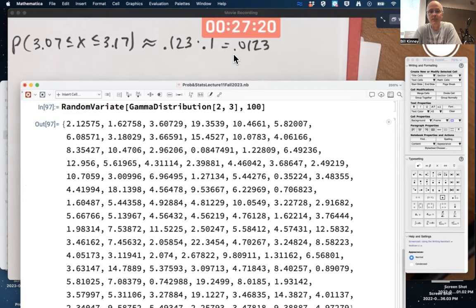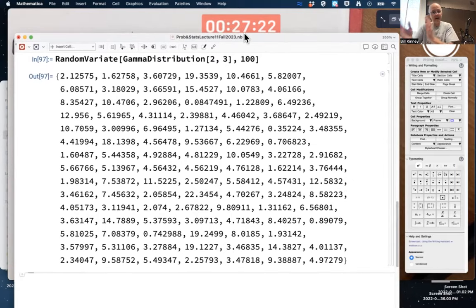So this is supposed to be Mathematica's, not necessarily perfect, but hopefully good, simulated sampling from this distribution, a gamma distribution where alpha is 2 and beta is 3. A sample size 100 numbers there.